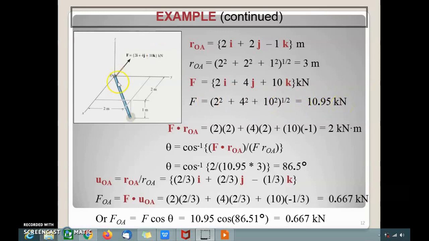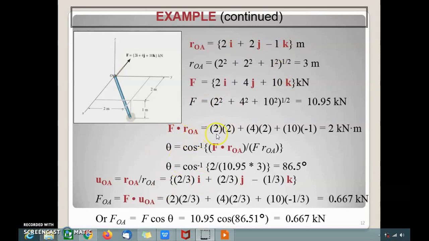If you want to find the angle between those two vectors, use this equation: theta is equal to cosine inverse of F dot product with ROA. Your F vector is this one, your R vector is this one. Do the dot product operation.